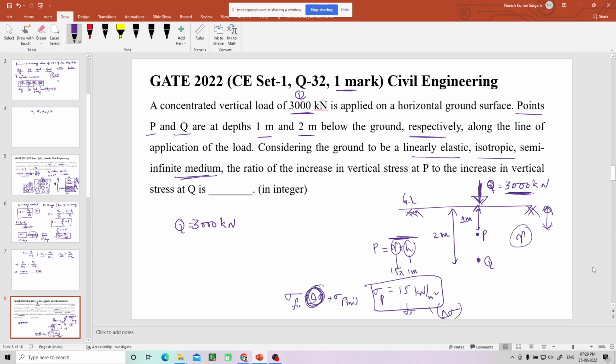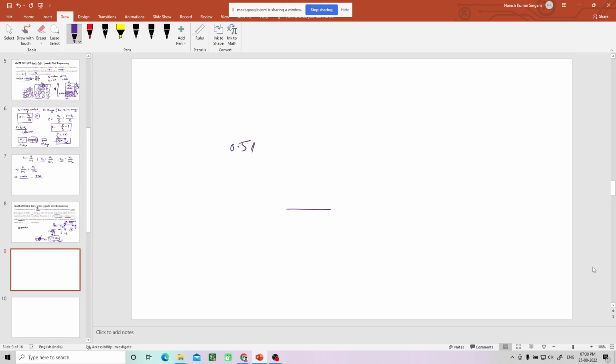For this delta sigma, there is a formula given by Boussinesq, to find out the increase in the stress. Anywhere in the 3D medium, you can find out the delta sigma. I'll write the formula first and then explain it.